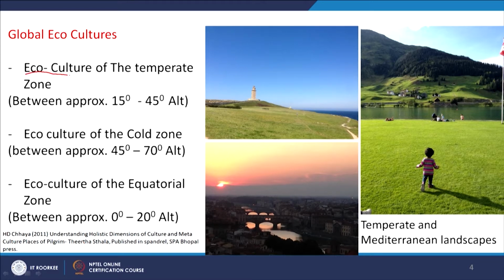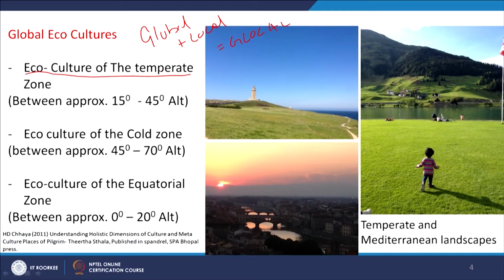He classifies it as global plus local, which is about glocal, and then he takes these global ecocultures. In fact, he takes the whole from both the hemispheres of the earth: the ecoculture zone of the temperate zone between about 15 to 45 degrees latitude, as well as the ecoculture of the cold zone, which is about 45 to 70, and the ecoculture of the equatorial zone.